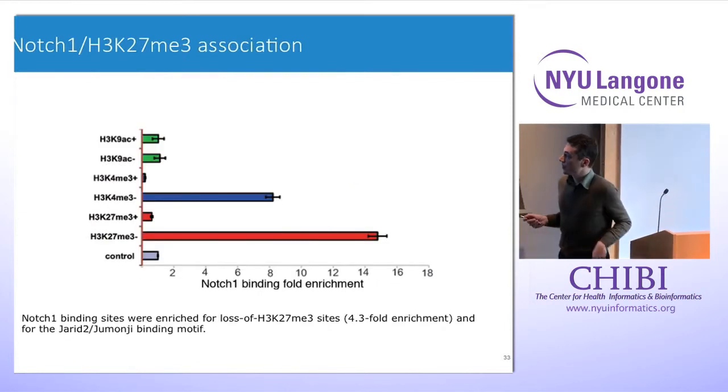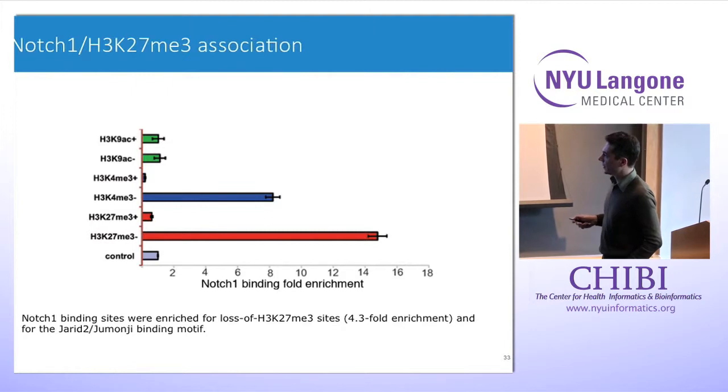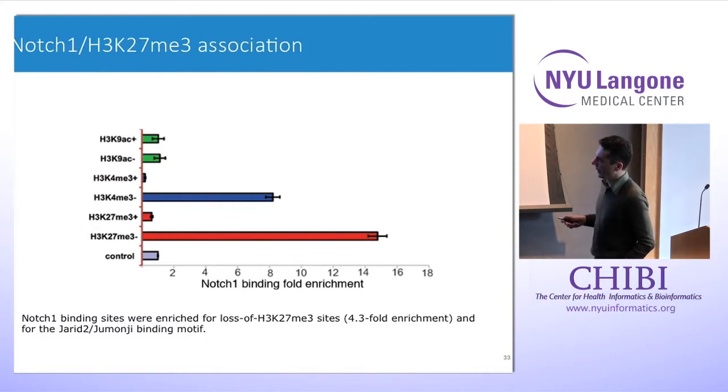And these are some enrichments. Again, notch-centric analysis to show that notch co-localizes with loss of K27, not with gain. And more so than it does with K4 trimethylation gain. It does co-localize with this, which was kind of interesting, and we never fully explained.